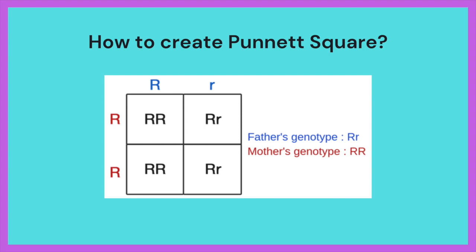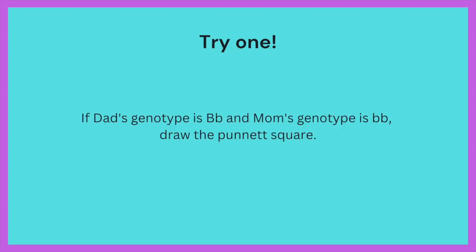By writing in each box, we can find the probability of the gene being inherited. In this case, the probability that the large R gene is inherited is 50% because it's 2 out of 4. And the probability of large R and small r is also 50% because it's 2 over 4.